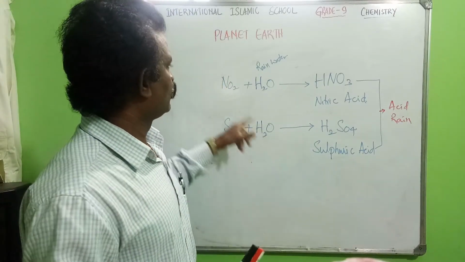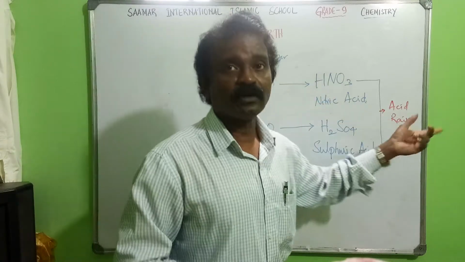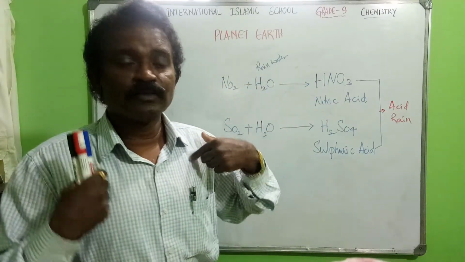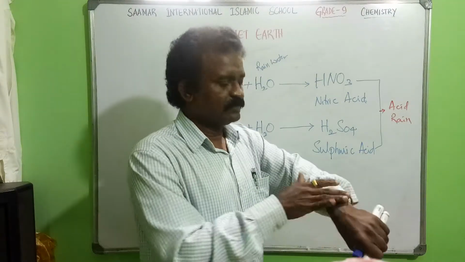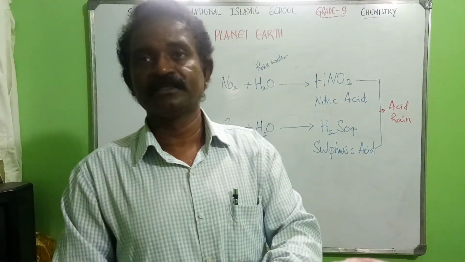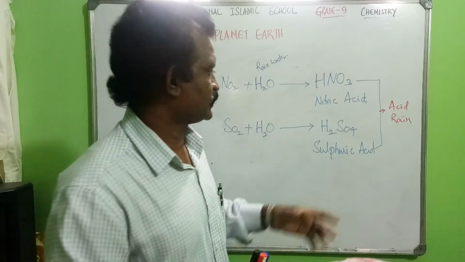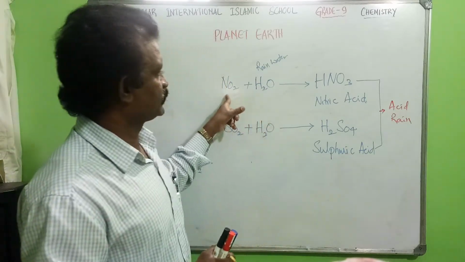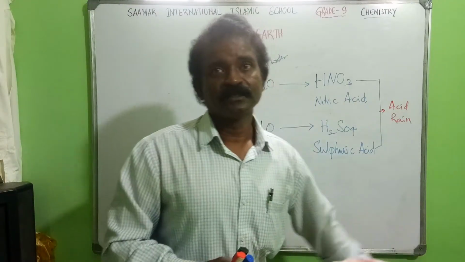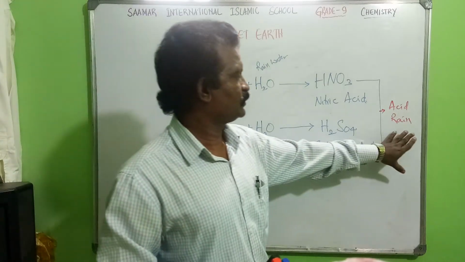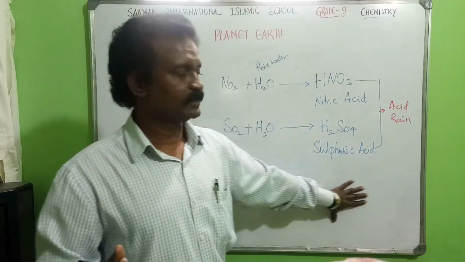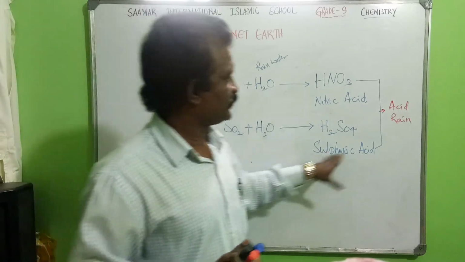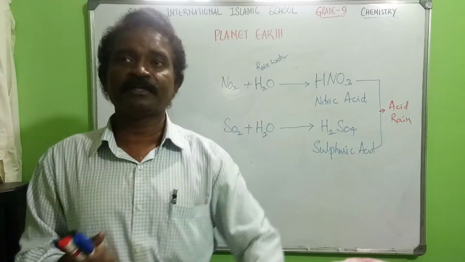Correct. Now, what is the effect of acid rain on human beings, on us? What happens when this acid rain falls on us? We get skin cancer. Is it clear? Next, what is the effect of acid rain on the plants? When it falls on the roots of the plants, they get deteriorated and the plants will die. Next, what is the effect of acid rain on the aquatic animals?